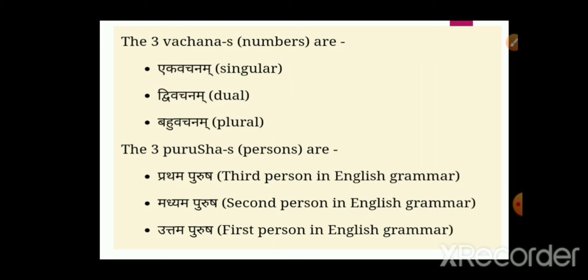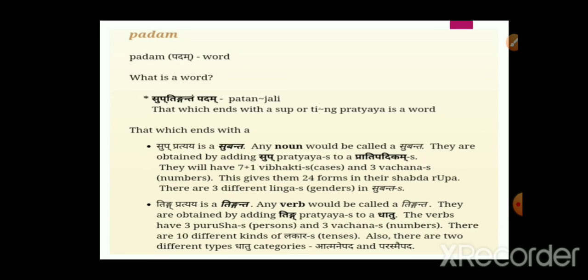And also 3 Purushas, that is persons: Prathama Purusha, Madhyama Purusha, Uttama Purusha, which are third person, second person and first person. And we have also seen 2 different categories of dhatu, that is verbal roots: Atmanepadi and Parasmaipadi.